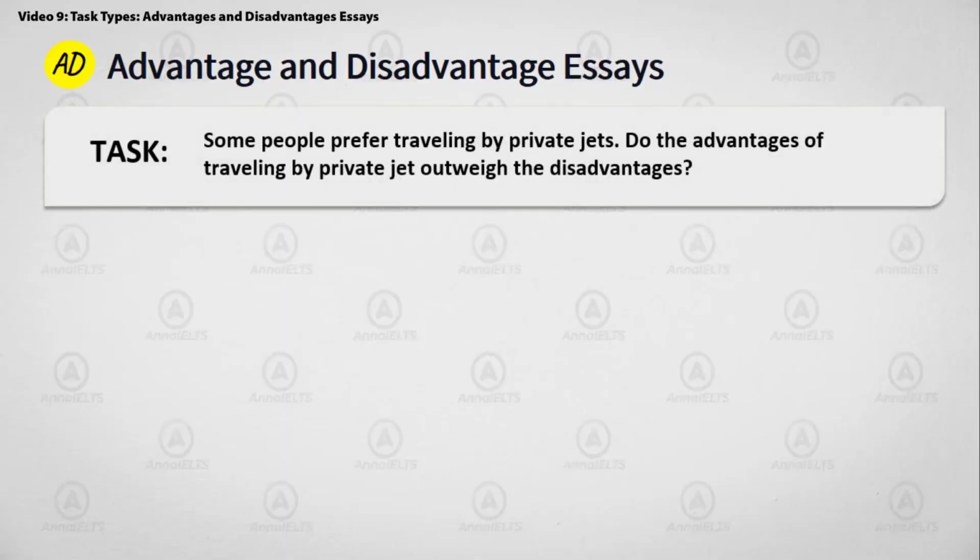Some people prefer traveling by private jets. Do the advantages of traveling by private jet outweigh the disadvantages? To answer these questions, you have to decide whether the advantages or disadvantages are relatively more important. Let's analyze the advantages of traveling by private jets. 1.